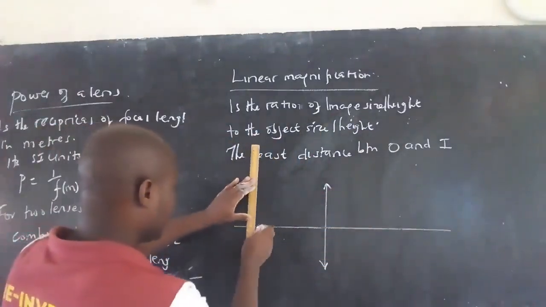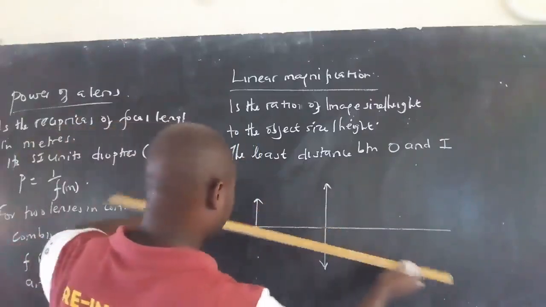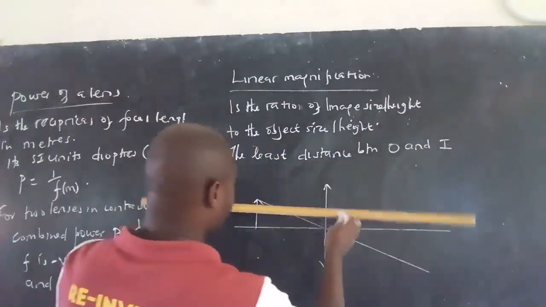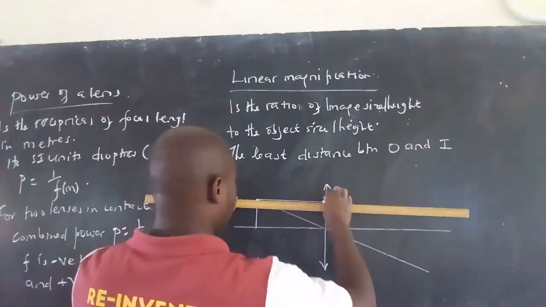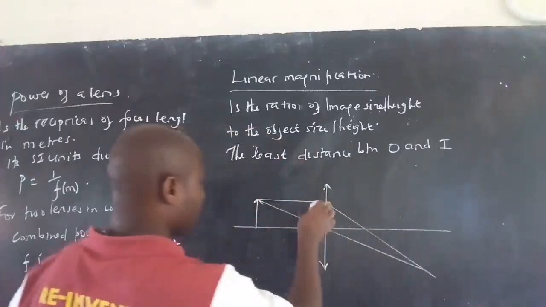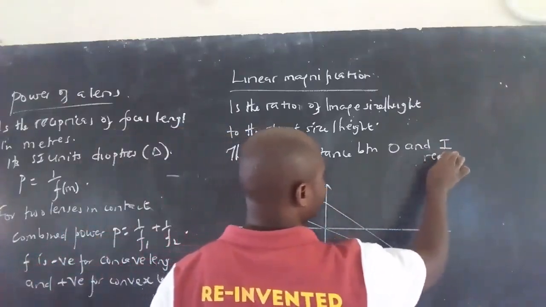Then let's say an object is here. This is the real image.